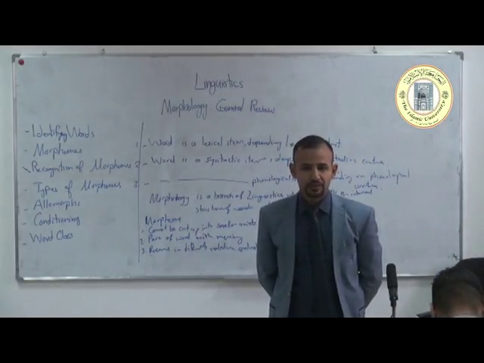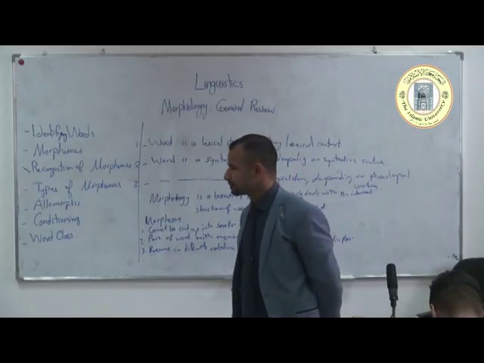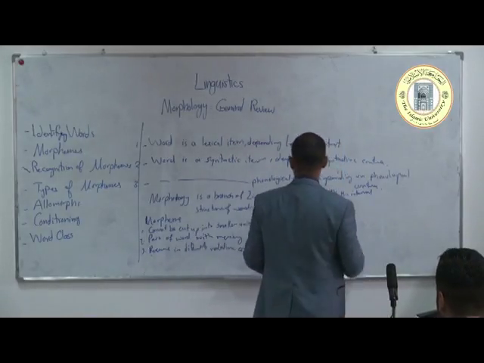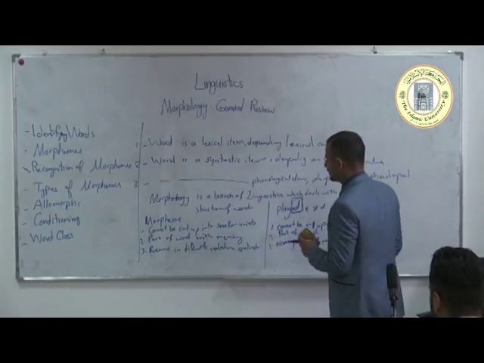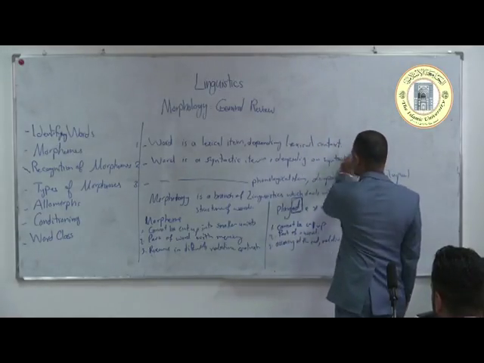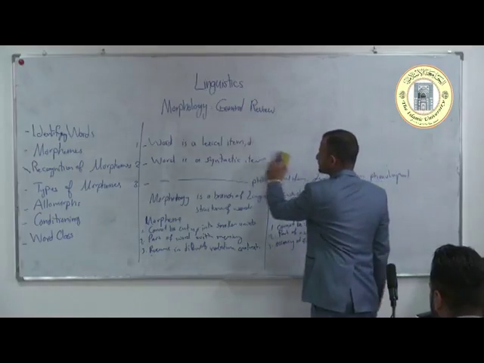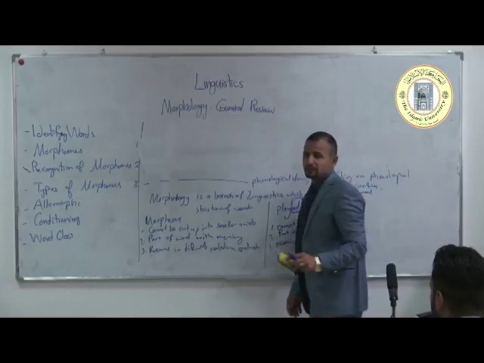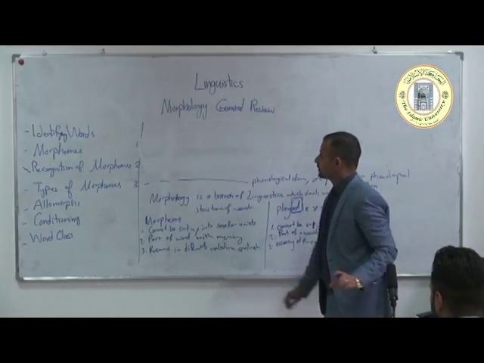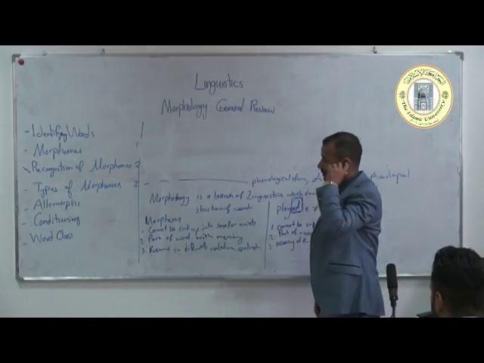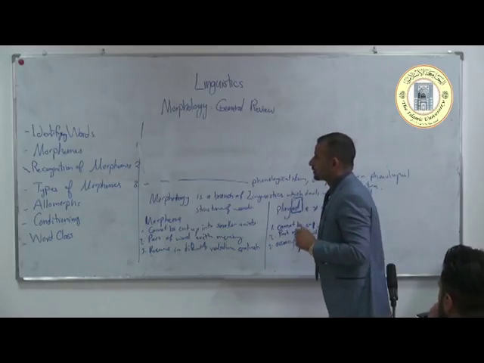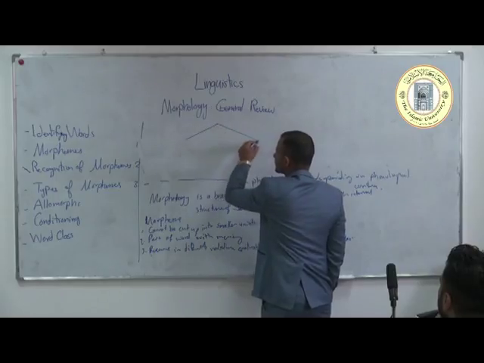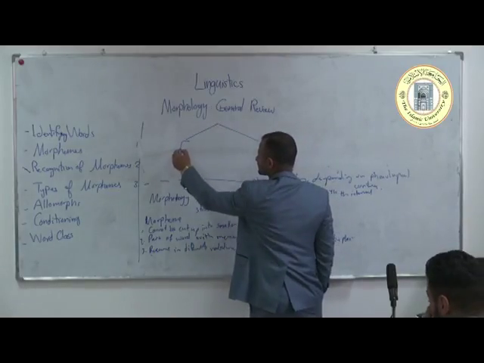A free morpheme is one that can occur along with meaning, while a bound one cannot occur along with meaning. Inflectional morpheme: inflection provides further information, a lexical item. Very good.